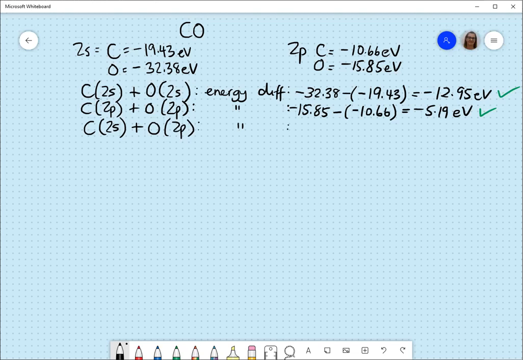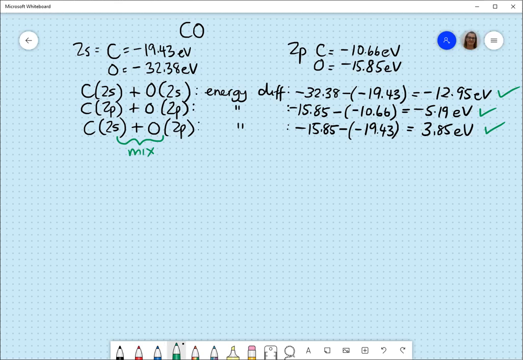Oxygen 2p is minus 15.85 minus minus 19.43, and that will give us 3.85 electron volts. Of course, that is quite a small value, which does imply that we're going to get s and p mixing. Okay, so I'm just going to put it like that. So that's the energy calculations.